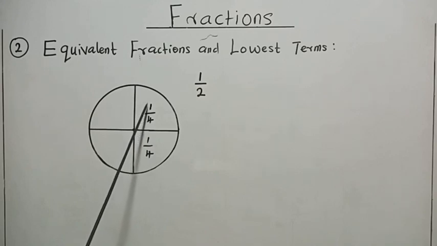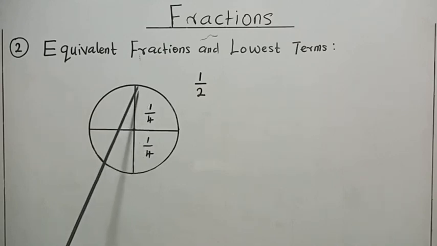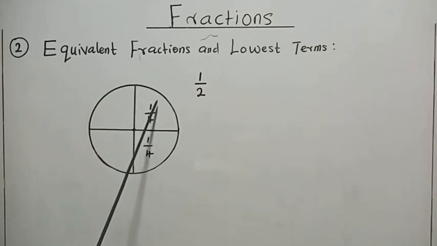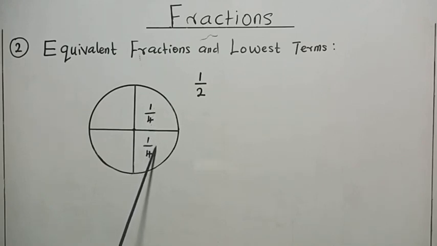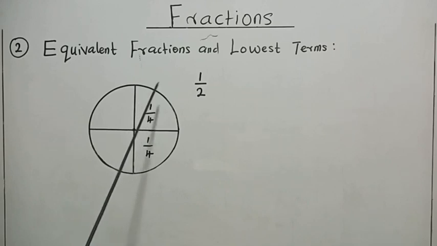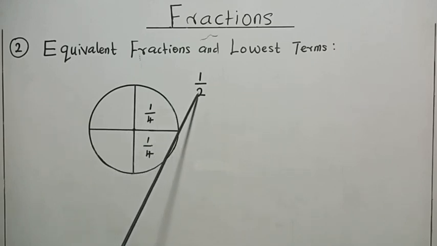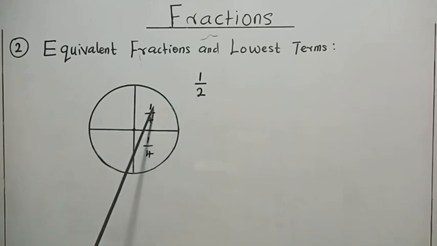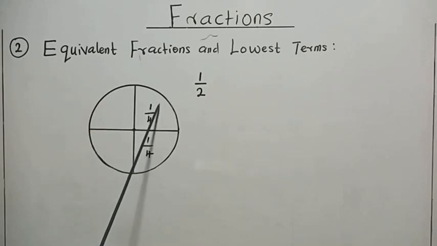But that 1 over 2 is now further broken into two portions. This portion and this portion make up the former 1 over 2. It therefore means that this 1 over 2, when broken into 2, will give us 1 over 4. Therefore, this portion and this portion are called each 1 over 4.